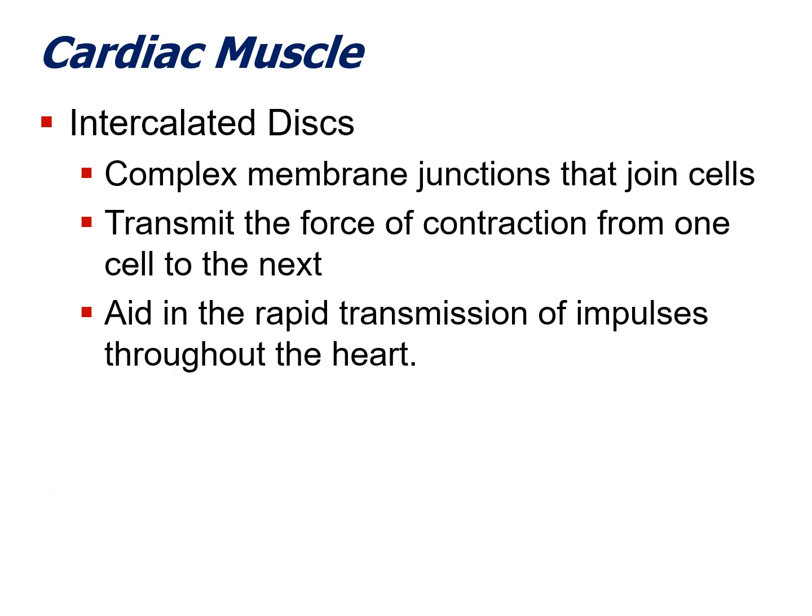Now, cardiac muscle does have a unique structure called intercalated discs, and these are complex membrane junctions that join the cardiac muscle cells. What these discs allow is transmission of the force of contraction from one cell to the next, basically allowing the cells to talk to each other.